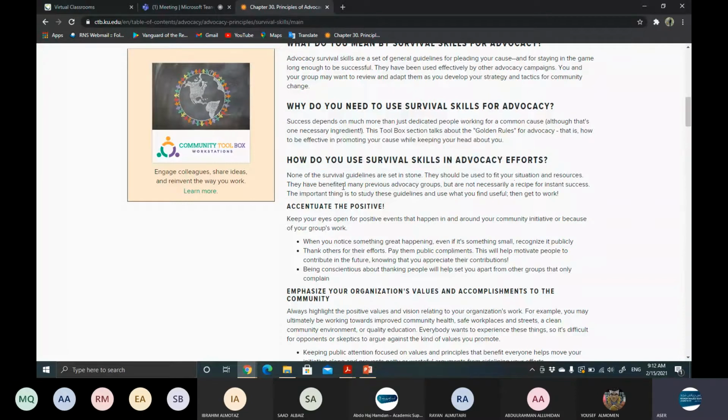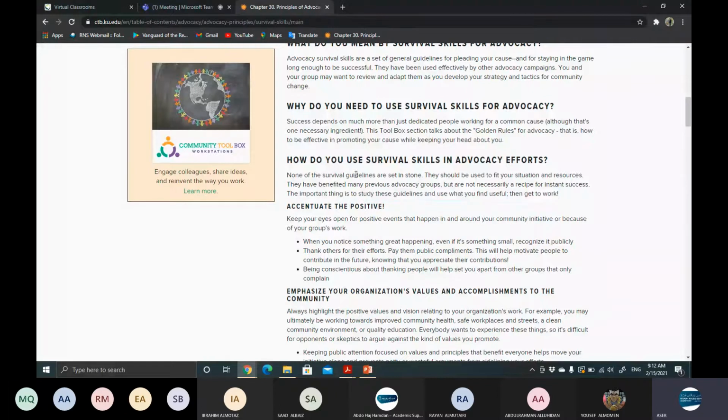They have benefited many previous advocacy groups, yet are not necessarily a recipe for instant success. The important thing is to study those guidelines and try to use what you find useful. Then get it to work.